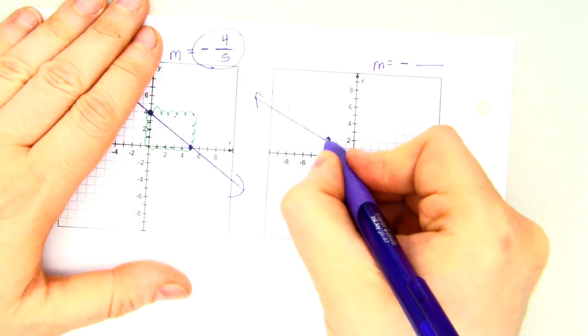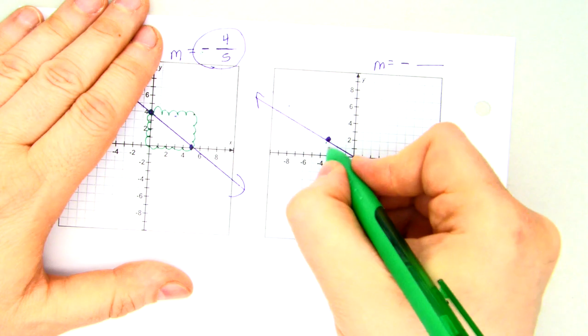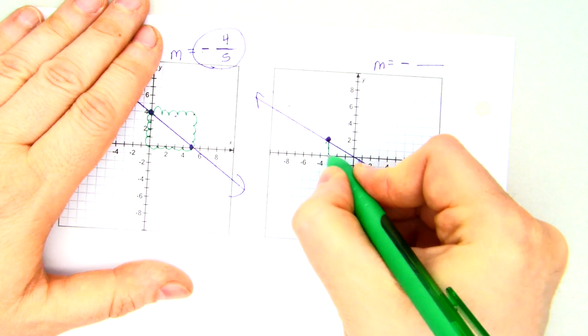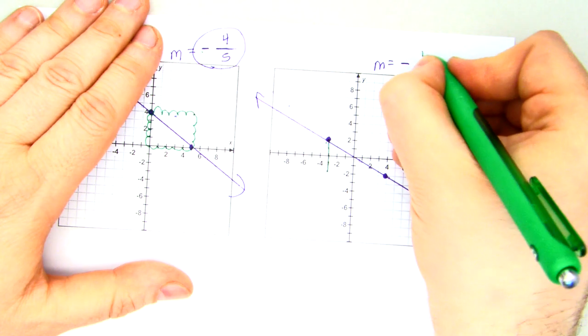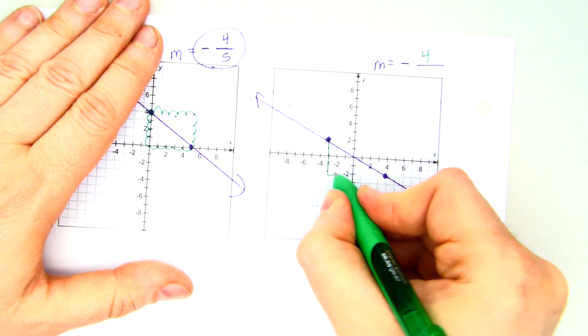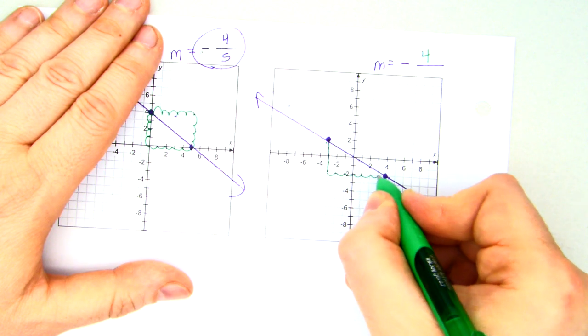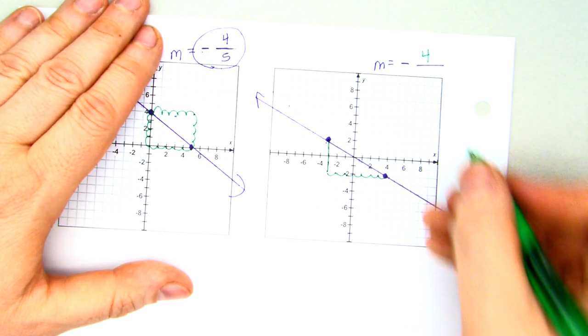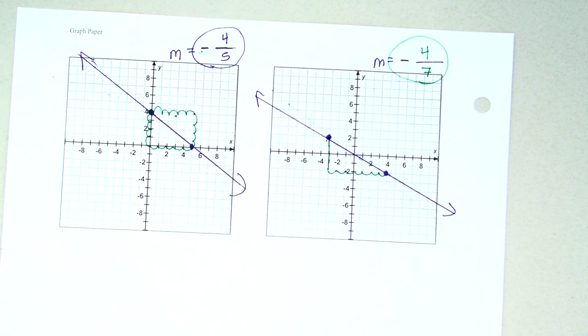Let me start from this point over here. My rise is down. My rise is 1, 2, 3, 4. Rise is 4. My run is 1, 2, 3, 4, 5, 6, 7. My slope is negative 4 over 7.